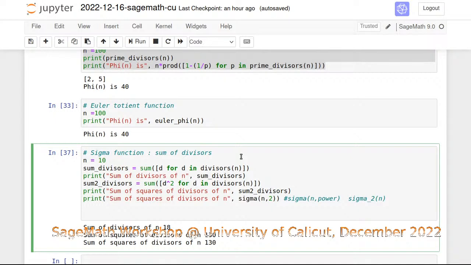It's a counting function, not a summing function. Euler's totient function is a counting function, whereas sigma is a summing function. That's why it's named sigma, because sigma is usually used for sum. For phi, there is no summation.